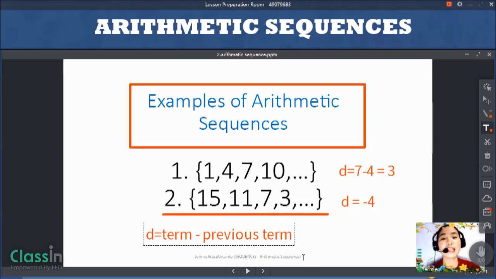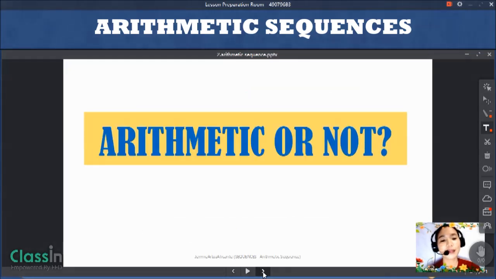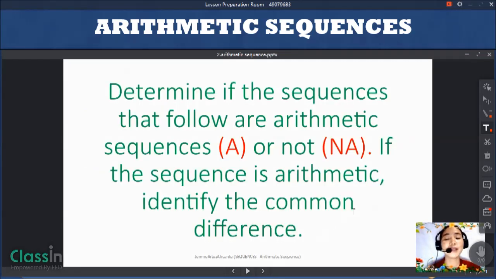Now, let's apply what we learned about arithmetic sequences. Our first activity is called Arithmetic or Not. Here, you just have to determine if the sequences that follow are arithmetic sequences or not. You're going to write A for arithmetic sequences and NA for non-arithmetic sequences.